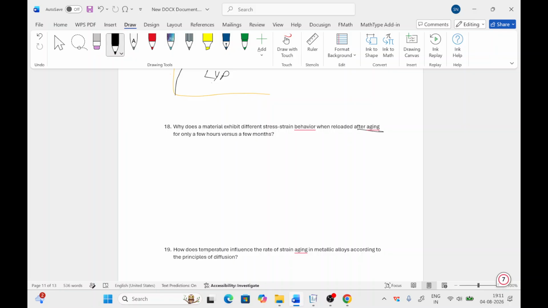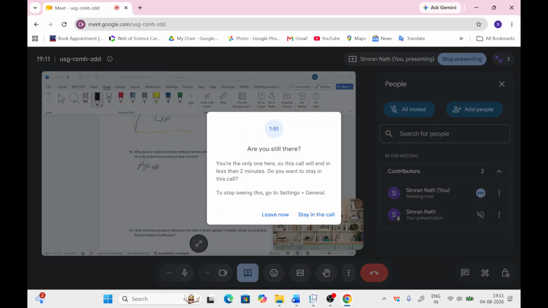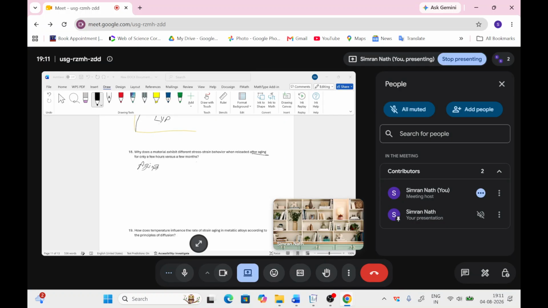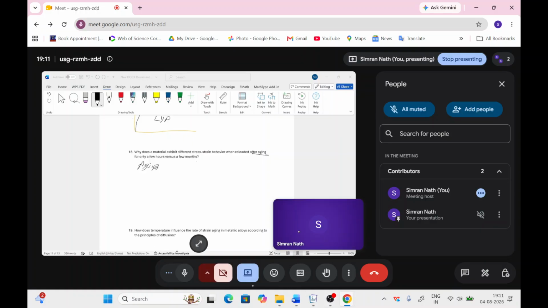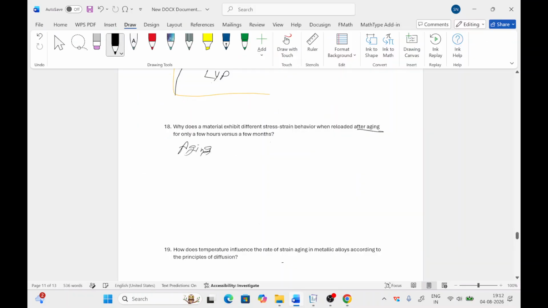So, aging of a few hours: the solute atoms are not able to lock the dislocation.